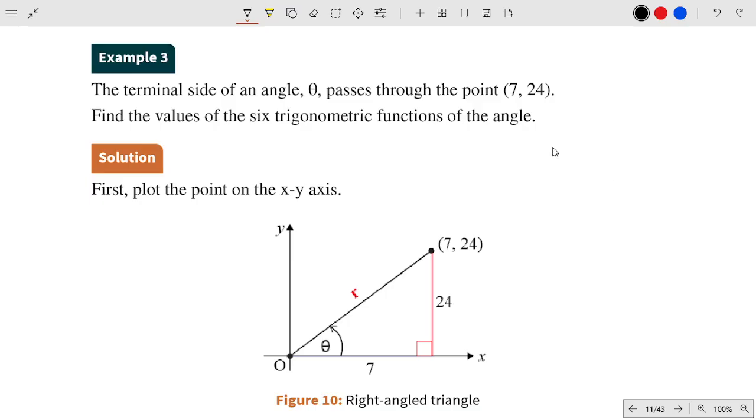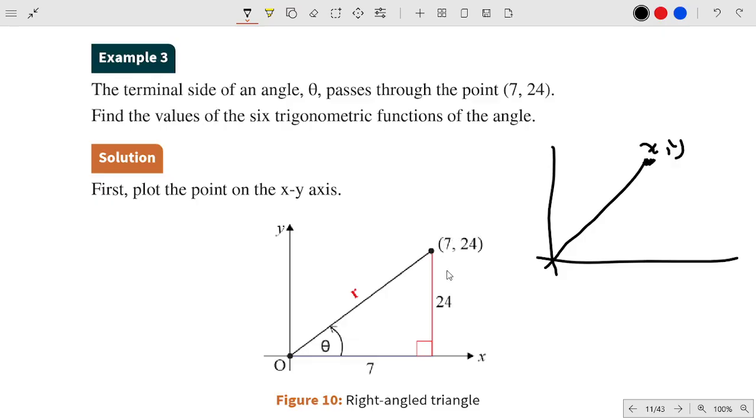Now we are saying that the terminal side of an angle, so let's say we have a plane like this. When we draw a line from the origin to a point, x, y, this is the terminal side. It passes through this point. Now we have x and y coordinates.